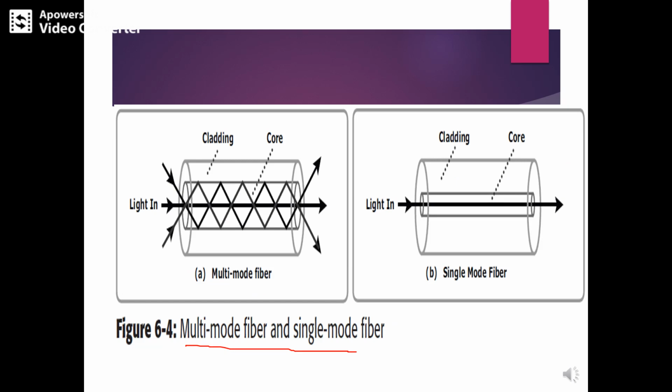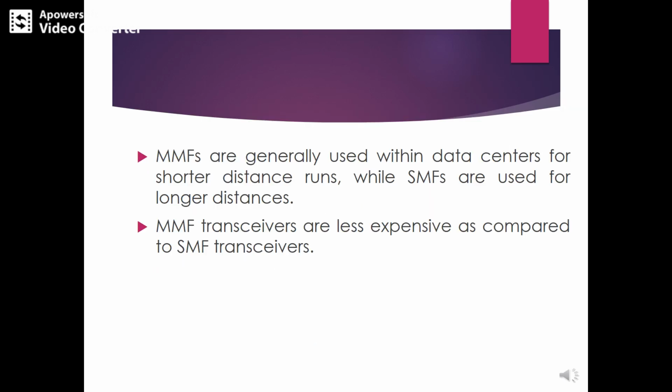Multi-mode fiber carries multiple beams of light projected at different angles simultaneously on the core of the cable, but in the case of single mode fiber, we have a single beam of light projected across the core of the cable.